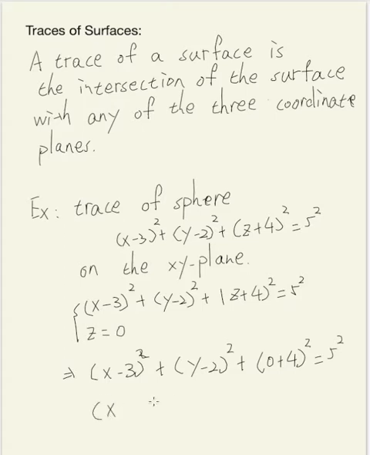Right? Now 0 plus 4 squared is 16, and 5 squared is 25. 25 subtract 16, you get 9. So you get (x minus 3) squared plus (y minus 2) squared equals 9. Right? And since 9 is 3 squared, then we know the trace is a circle with center.